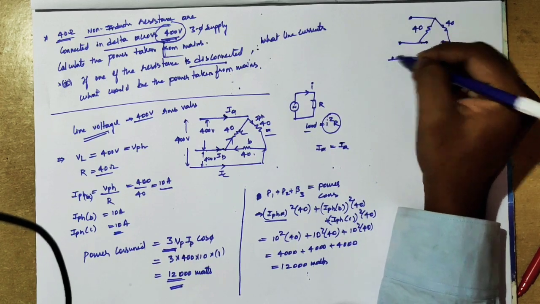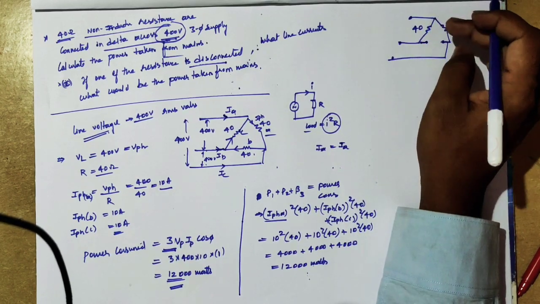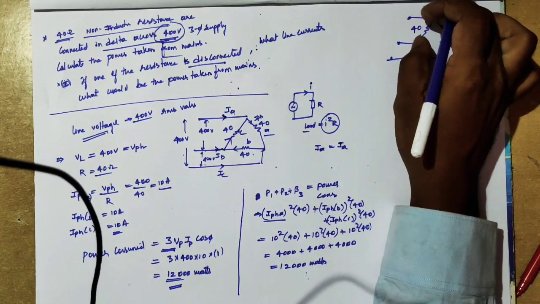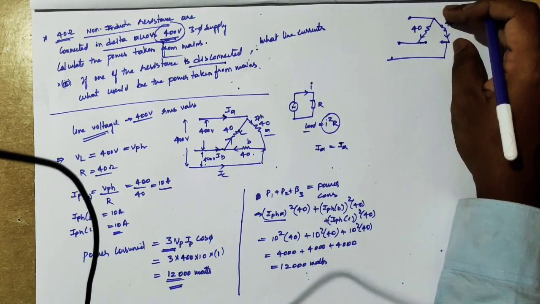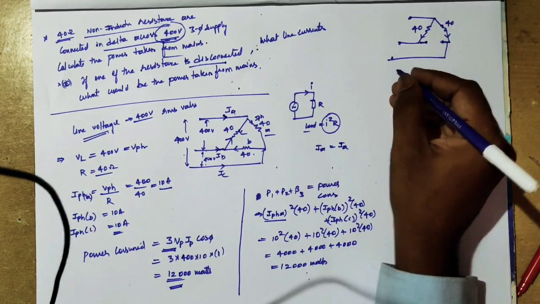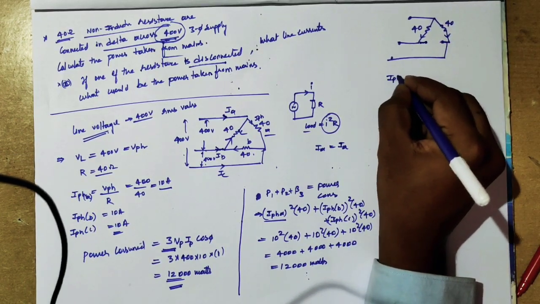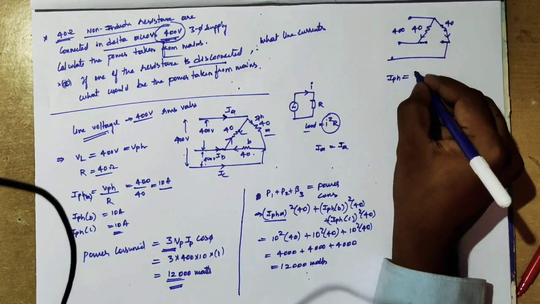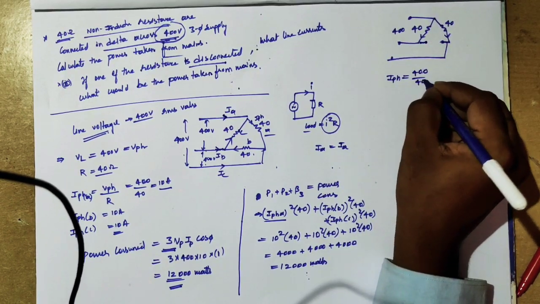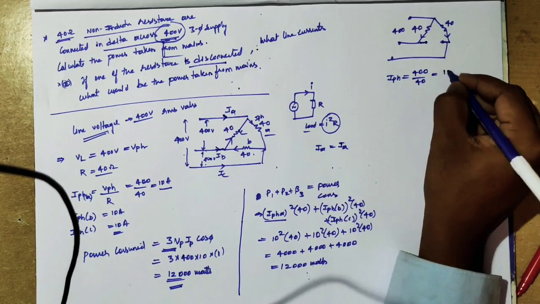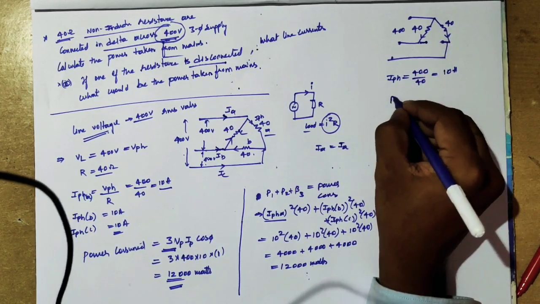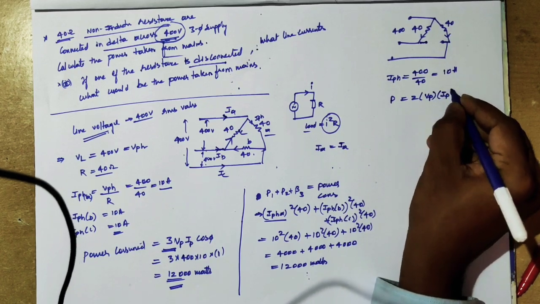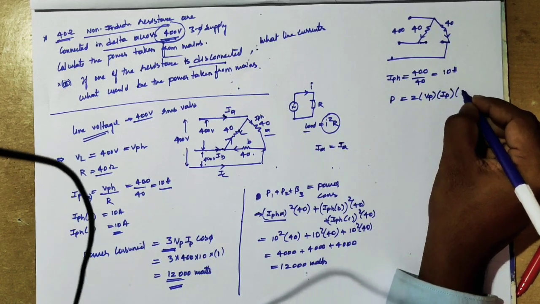Okay, so you know that the phase current will not change, so the voltage across each individual ohm will not change. Therefore I phase equal to what? The voltage across this 400 and the resistance 40, so 400 by 40. Okay, so this is again 10 amps. Now power drawn will be equal to 2 times of V phase I phase into cos phi.